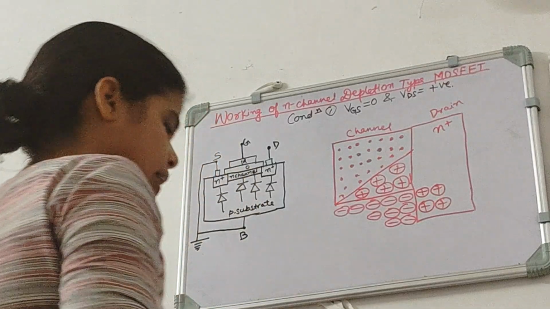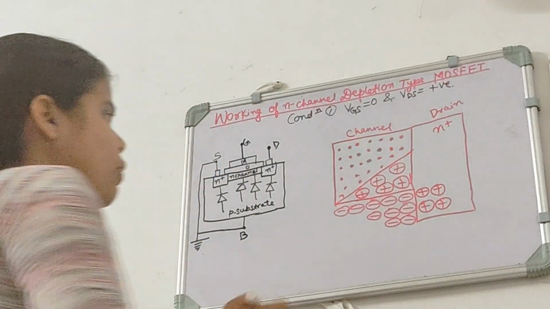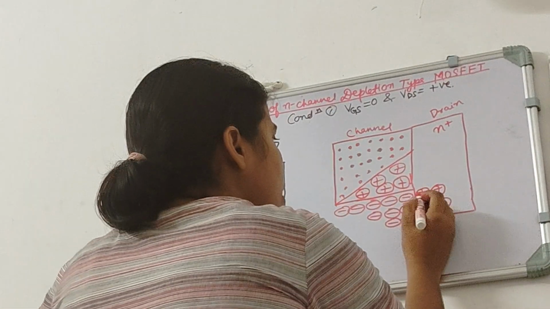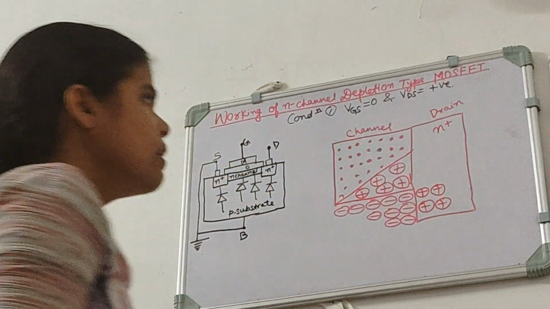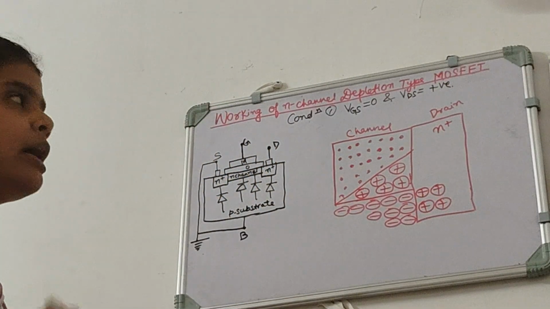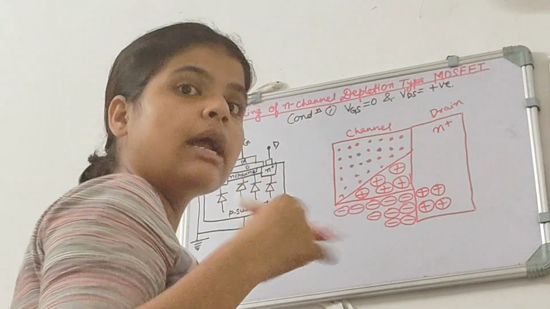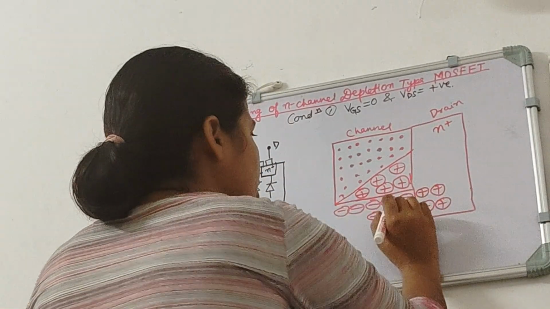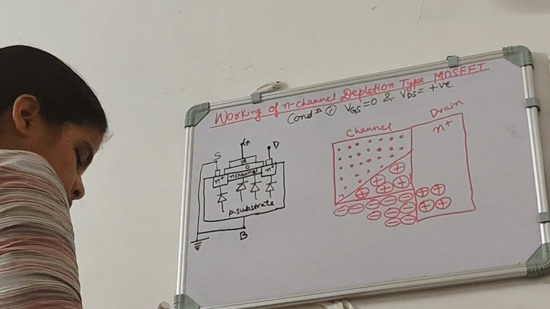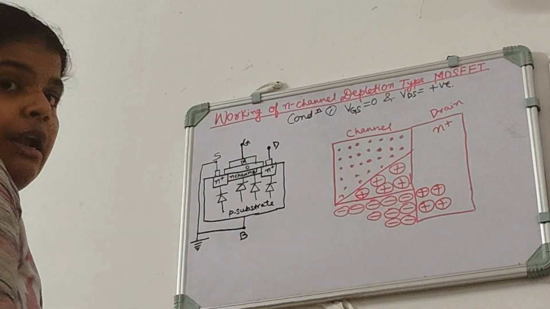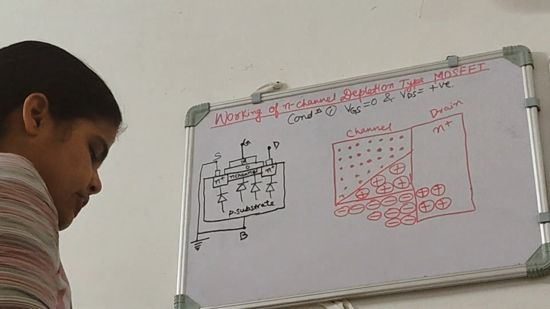Now how did they get sucked out from there? We saw that the depletion region on the drain side will be the highest. So here we will have a strong electric field because of that depletion region.